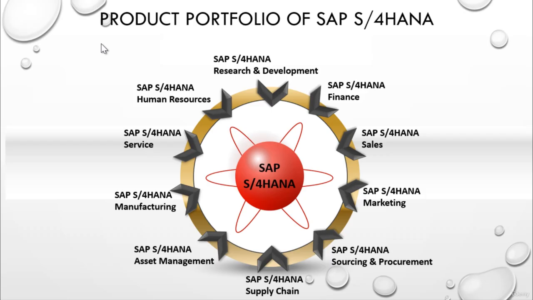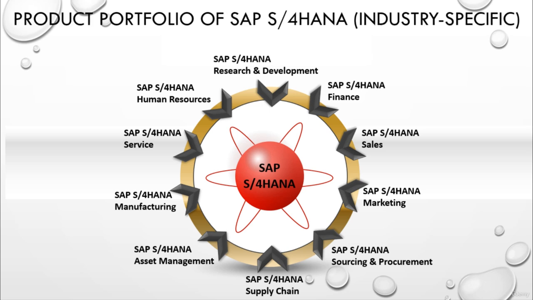Next, here is the product portfolio of SAP S4HANA, or business applications of SAP S4HANA, that I have already shown you in the first lecture. There are also some industry-specific solutions provided by SAP S4HANA Business Suite. First, SAP Ariba.